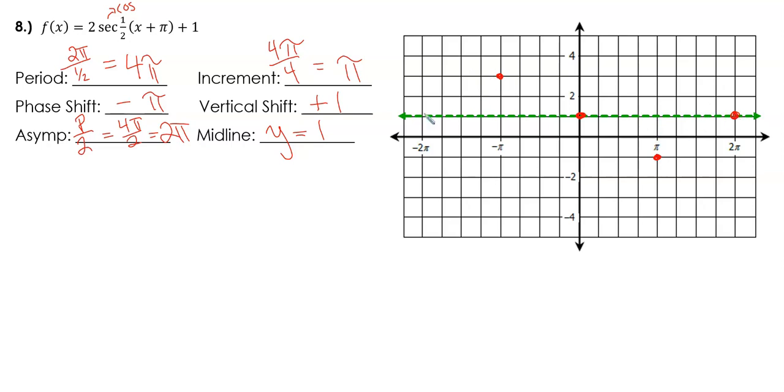From here, I'm going to come back and hit my midline. So when our increments are pi, it just gets really spread far out. Again, our midline points are our asymptotes, our high points are the parabolas up, and our low points are the parabolas down.